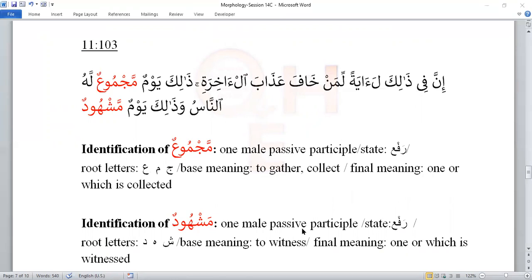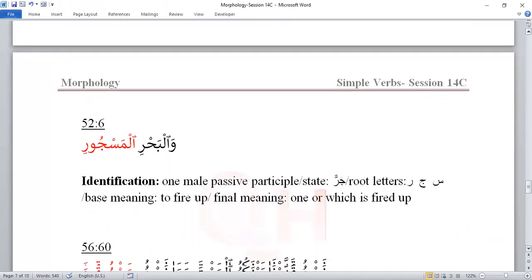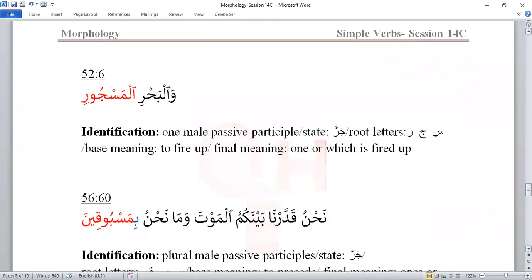Again, one male passive participle. Default state, root letters shin, ha, dal. Base meaning to witness. Final meaning one or which is witnessed. Okay, let's go over some more examples.